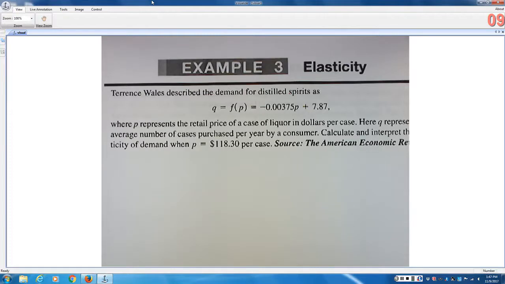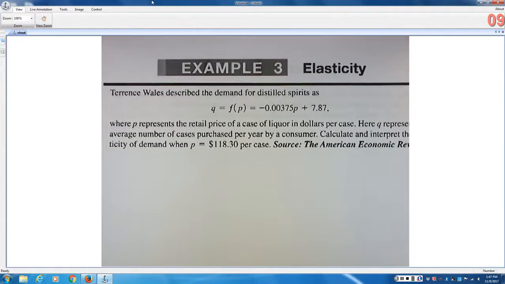Now the calculation is not difficult with these. And here's an example of a commodity. Terence Wells described the demand for distilled spirits as Q is a function of price, and Q and P are related by Q equals negative 0.00375 times the price plus 7.87.